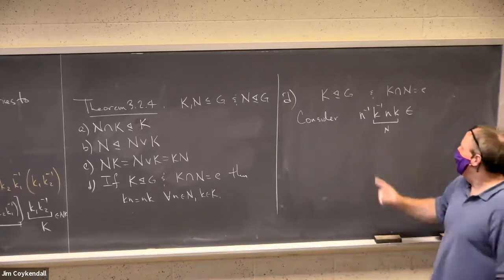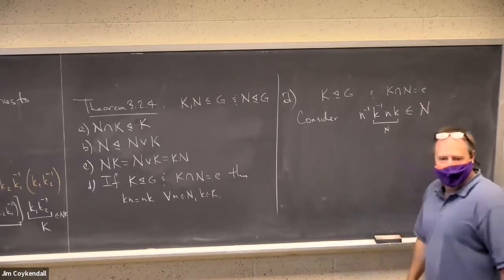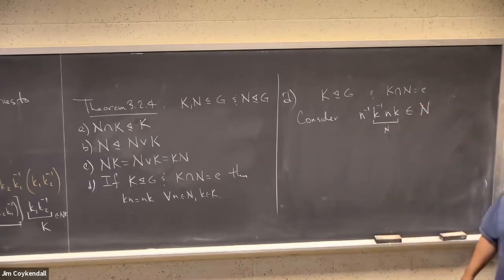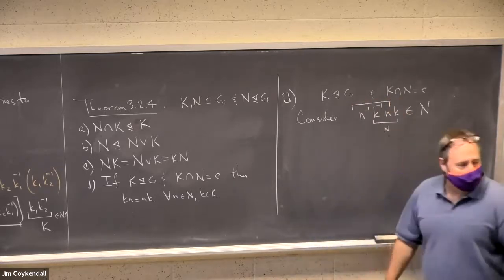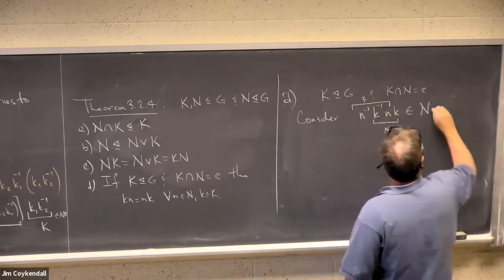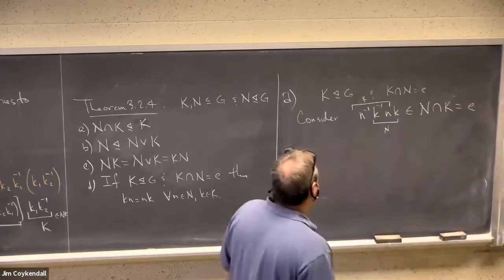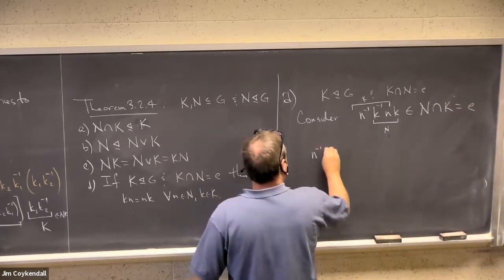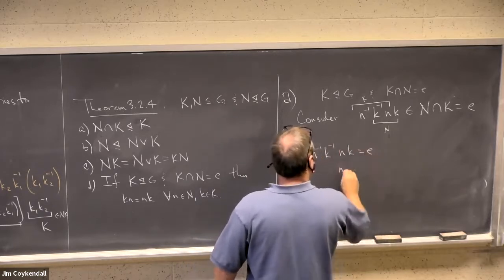So you have n inverse times something in N, this is an N. And you also have, because of the fact that now K is normal, that this thing is in K, and that's in K, so this is in N intersect K, which is the identity. Therefore, n inverse k inverse nk is e, and I get nk is kn.